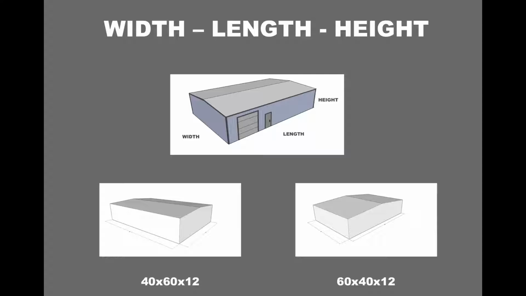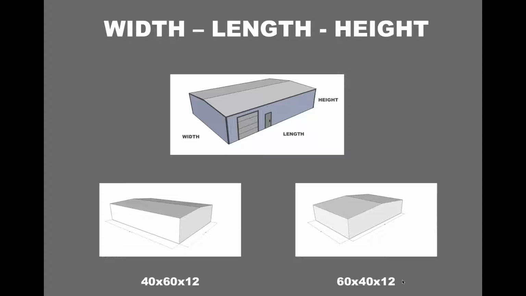And just to go into this in a little more detail, I'd say 80 to 90% of the buildings that are done in the industry have a width that is less than the length. So we see a lot more 40 by 60 by 12s versus a 60 by 40 by 12.